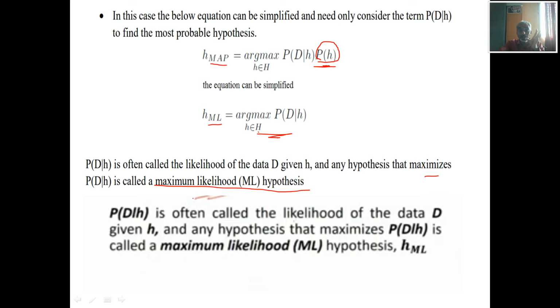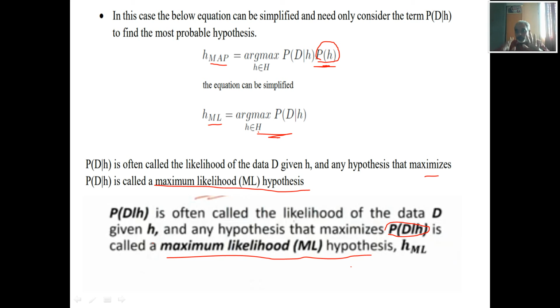That is why we call it the maximum likelihood hypothesis. Clear? So P of D given H is often called the likelihood of data D given H, and any hypothesis that maximizes this P of D given H is called the maximum likelihood hypothesis. So we define this as HML.